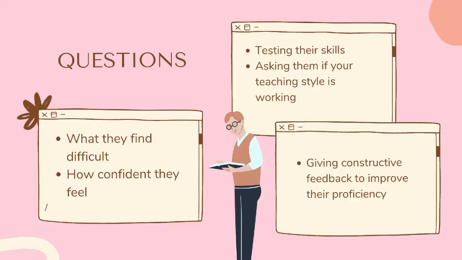Fourth, asking them if your teaching style is working. So it is also important for you to ask them about their assessment of you, if they have learned something from you, or do you need to change your strategies so that they can understand it or they would apply it just like that.